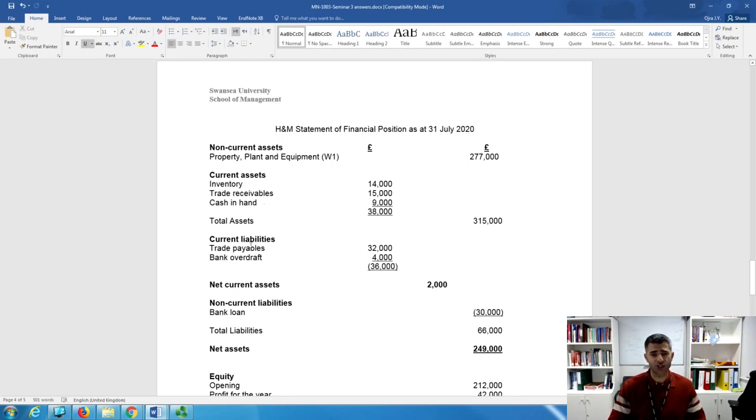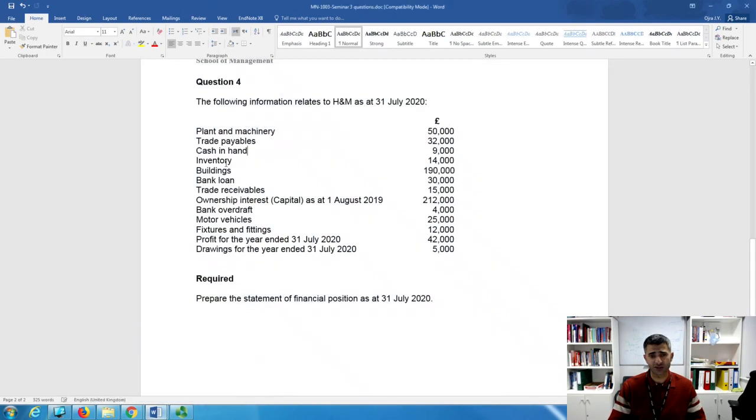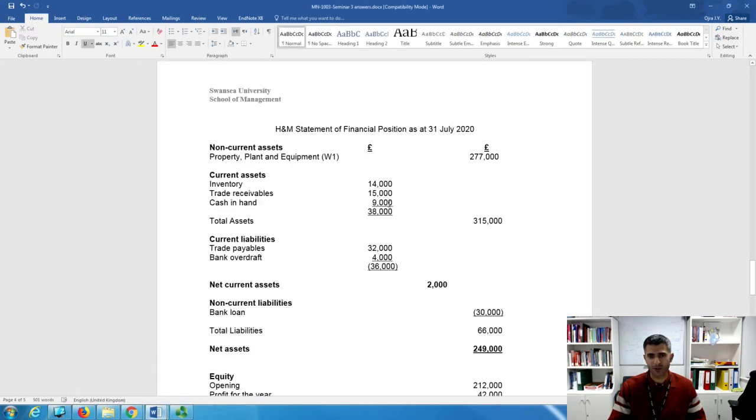We have in the question, if you look, the closing inventory, 14,000. Now you will ask me, it's not written as a closing inventory, nothing is written on it, so you classify it as a closing inventory, because look here. If I showed you, opening inventory, here we go, but it's clear it's a closing inventory. We also have trade receivables in the question, easy. We have cash in hand in the question, easy.